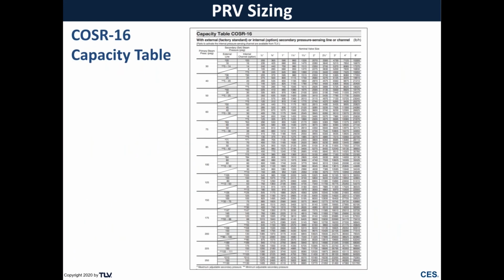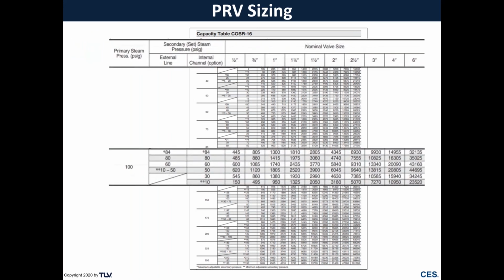Next, we must determine what size of COSR16 to use. For that, we use the capacity table shown here. Because of the small print, which would be hard to read from the slide, I will expand the relevant sections of the chart so we can follow the example.